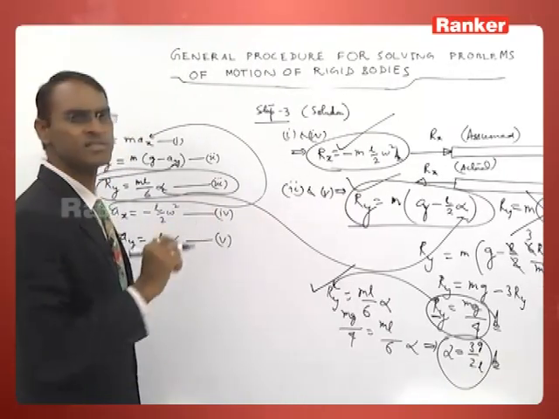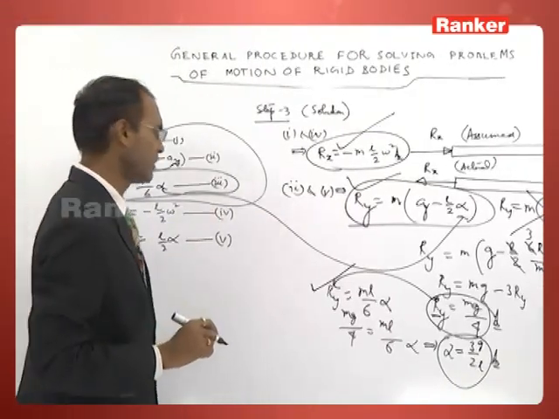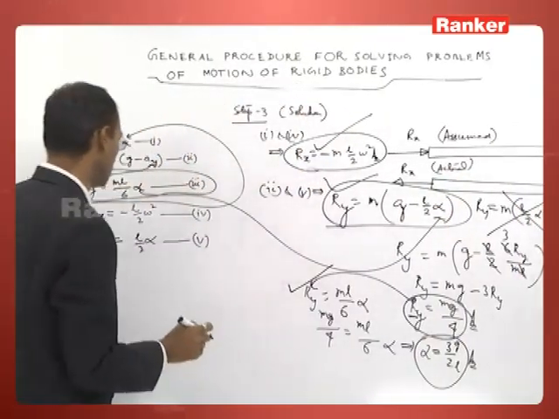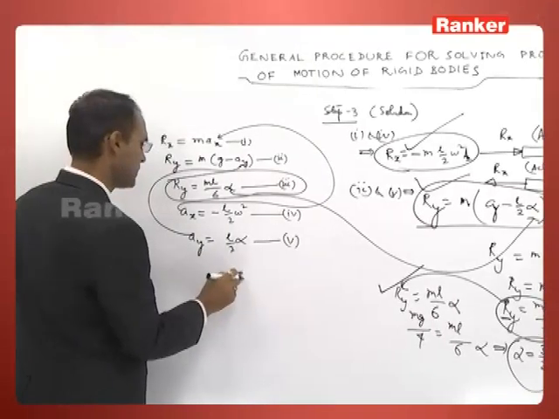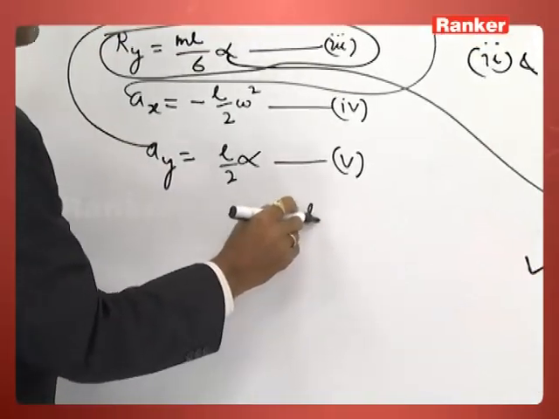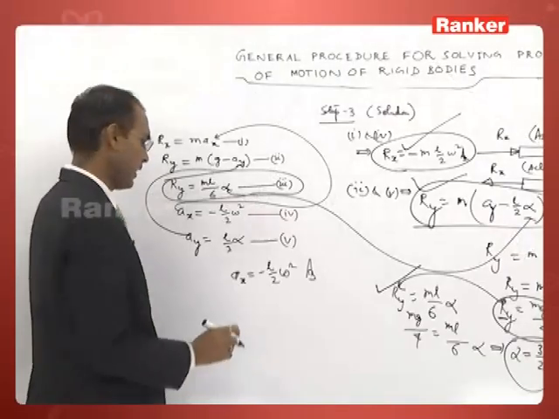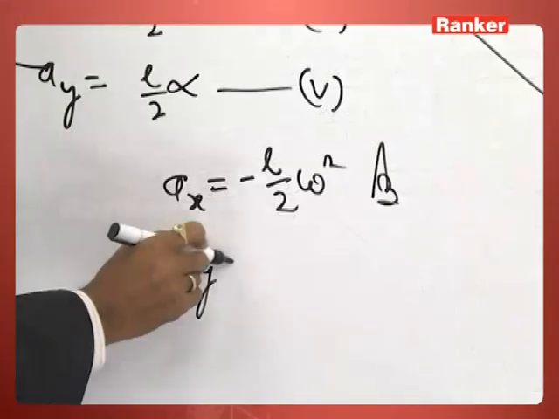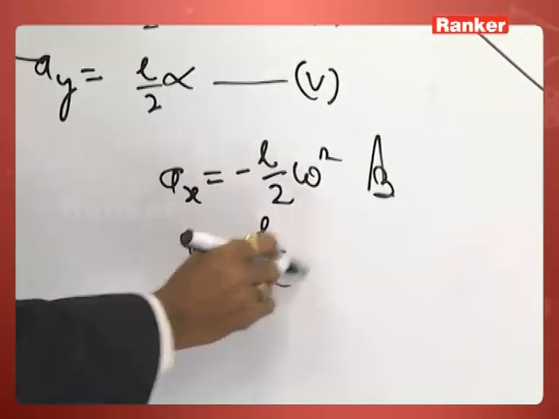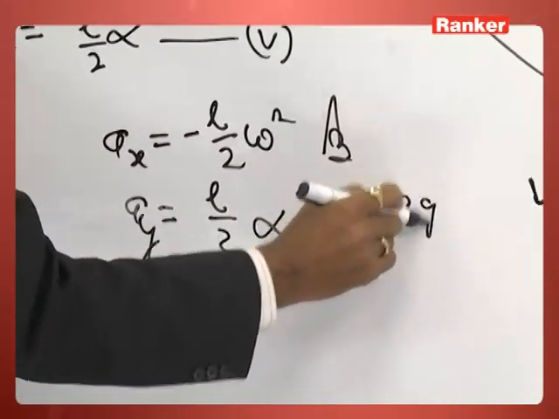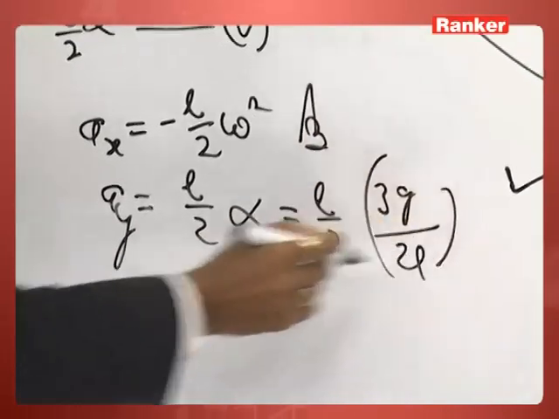Now the accelerations of the center of mass. ax is equal to minus L by 2 into omega square, answer. ay is equal to L by 2 into alpha. What is alpha? 3g by 2L.